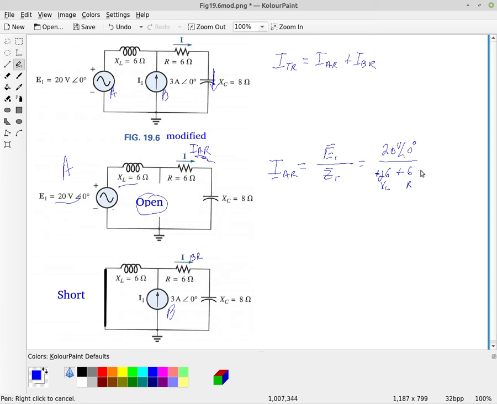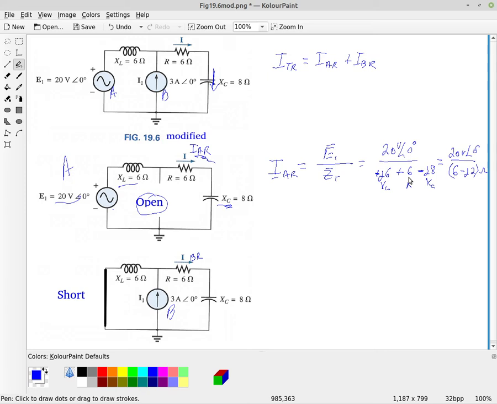And then we're going to subtract j8, which is X_C, the capacitor piece here. And so of course that can simplify to 20 volts, angle 0 degrees, over 6 minus j2, and the units for this is impedance, so it's going to be ohms.